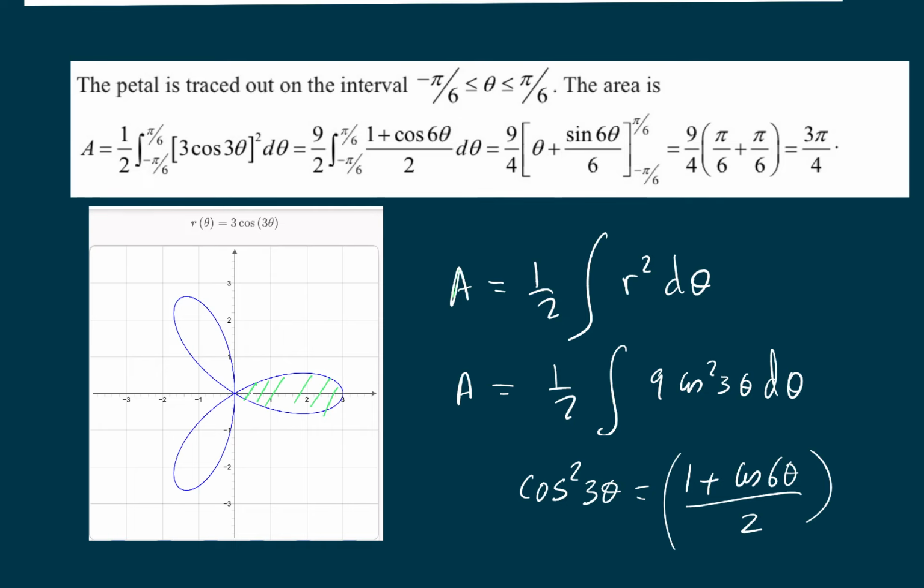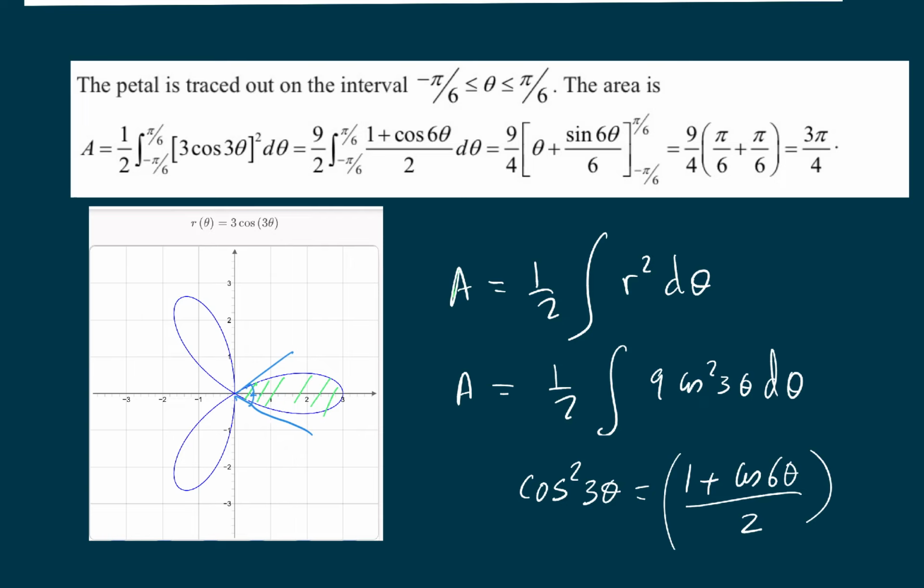The key question here is to find the limits of integration. Here they say that the limits of integration are from minus pi divided by 6 to pi divided by 6. It looks like minus pi divided by 6 is this angle, and pi divided by 6 is this angle.